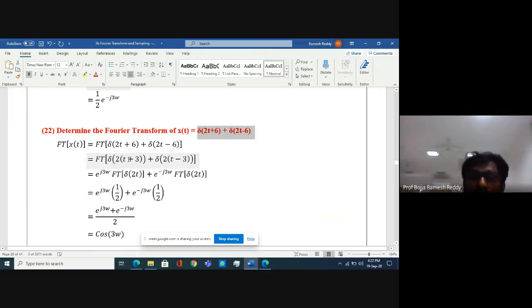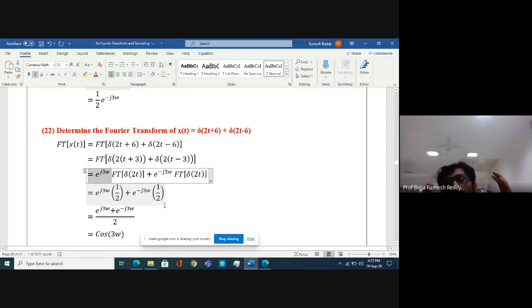Already told you, if a time domain signal is shifted by some units, then in the frequency domain take the complex exponential term e power plus j3 omega or minus j3 omega, that depends. If it is plus 3 here, take plus 3. If it is minus 3 here, take minus 3. The outcome is 1 by 2. Here we are applying two properties simultaneously, the scaling property and the shifting property.